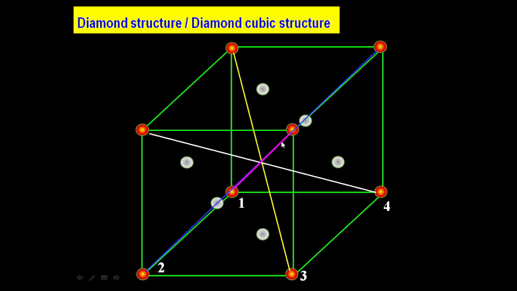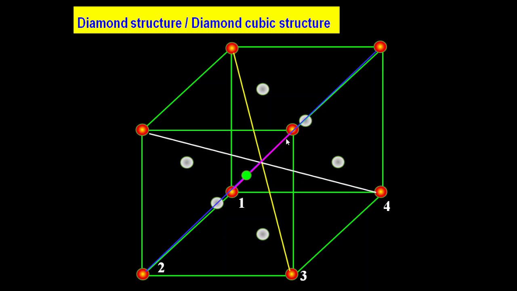On this first diagonal I will place one atom at a distance of 1/4 along it. This green atom, I have placed at 1/4 distance of this diagonal. Again, I am showing that this is the diagonal, this one is half of the distance of the diagonal, and this would be 1/4 distance. So one atom is placed at 1/4 distance of this first diagonal.